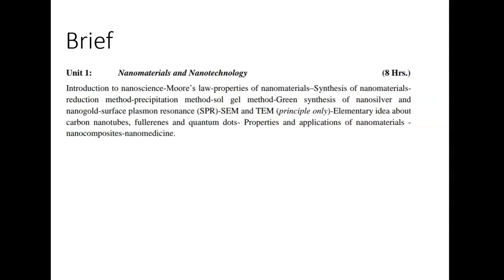Various properties of nanomaterials will be discussed, and we will have a small discussion on the synthesis of nanomaterials by various methods like reduction, precipitation, the Sol-Gel method, etc. We'll come across the green synthesis of silver nanoparticles and gold nanoparticles. One of the important properties of metal nanoparticles, surface plasmon resonance, will be discussed in brief.